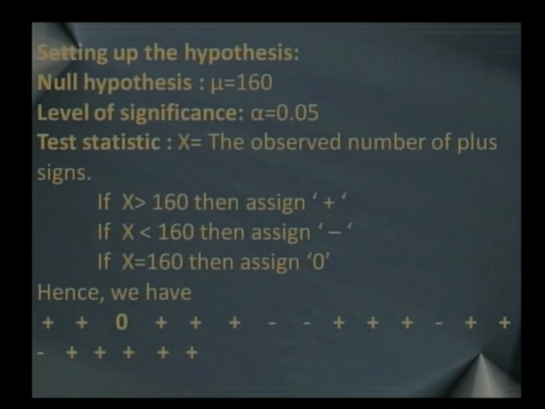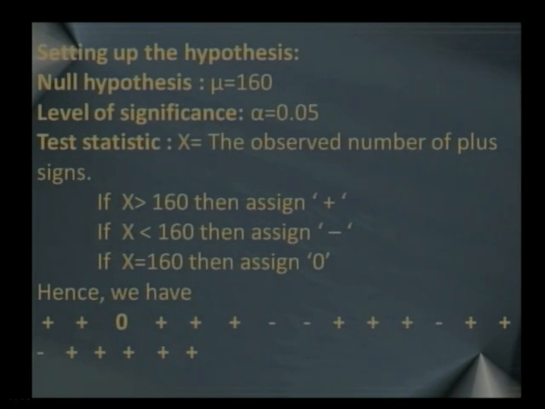The solution is like this. Our null hypothesis is mu equal to 160. The level of significance is 5%, which is 0.05. The test statistic x is the observed number of plus signs. If x is greater than 160, assign a positive sign; if x is less than 160, assign a negative sign; and if x is equal to 160, assign 0.